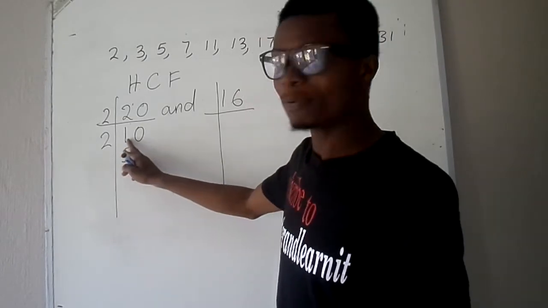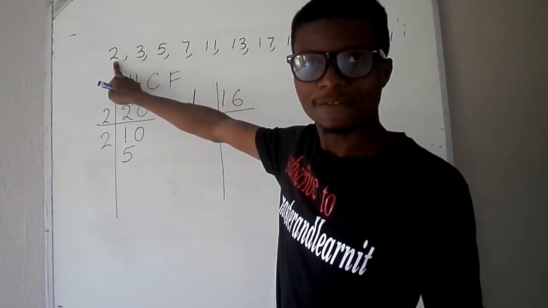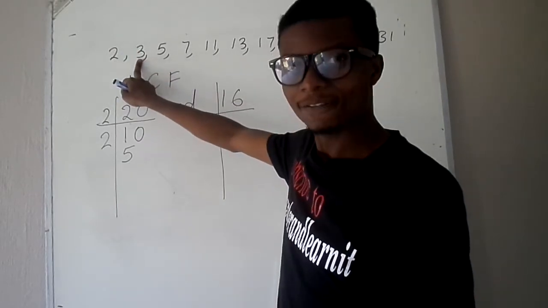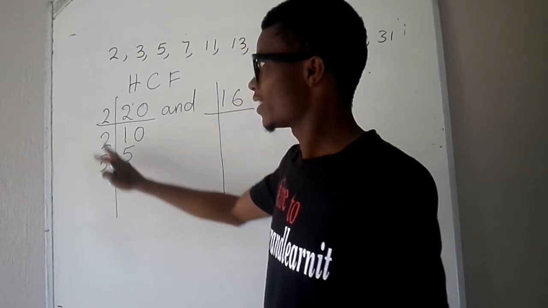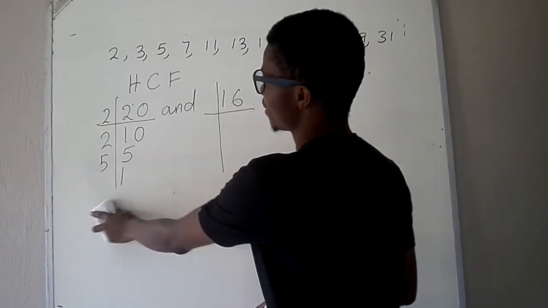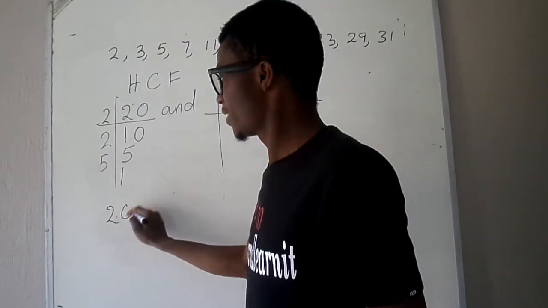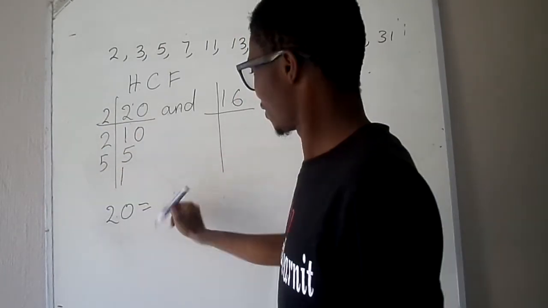The smallest prime number that can divide 5 cannot be 2, and 3 is not a factor, so we divide by 5. 5 into 5, that's 1. So 20 is equal to 2 times 2 times 5.